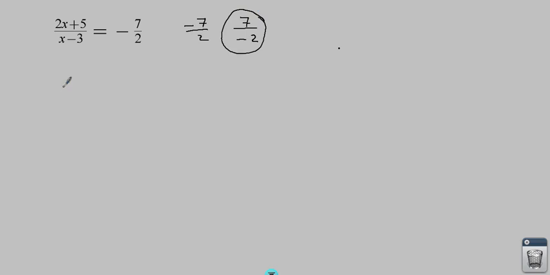Cross multiplication will give us negative 2 times 2x plus 5 is equal to 7 times x minus 3. Because this negative 2 was multiplied by this numerator and this 7 was multiplied by this denominator. Expand.